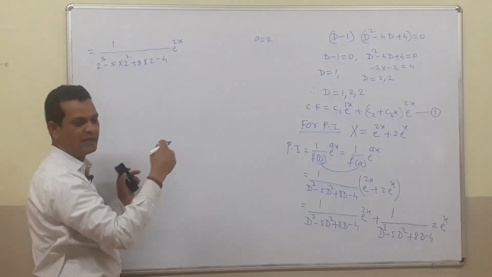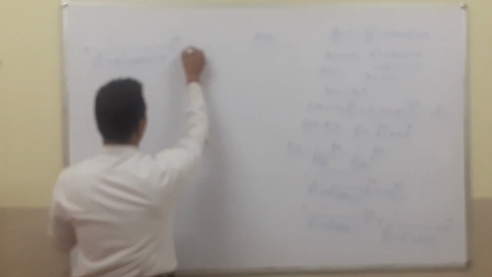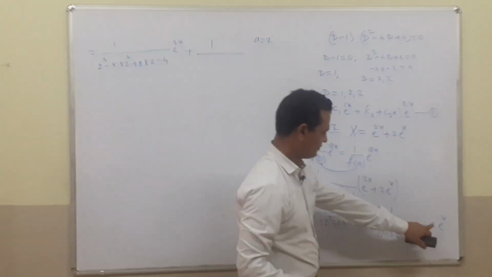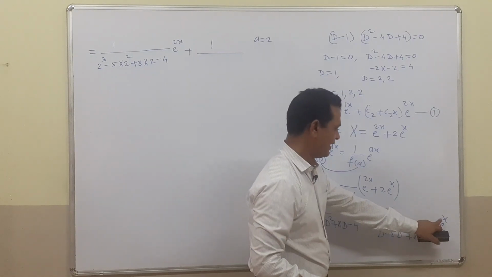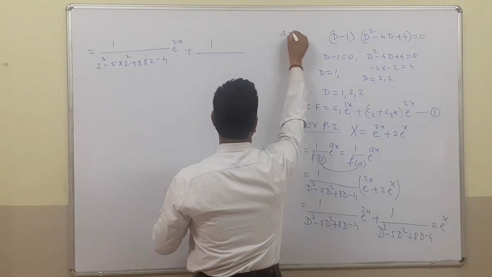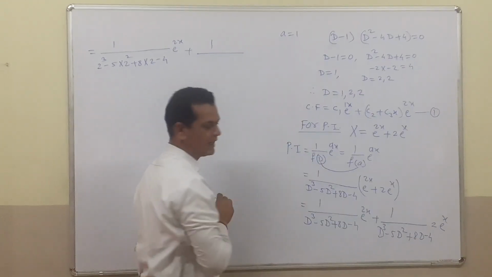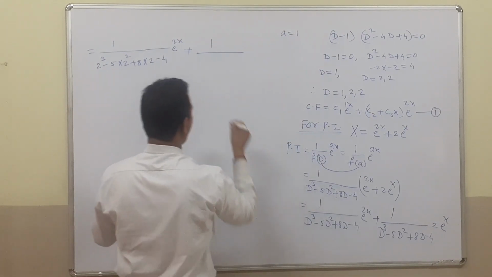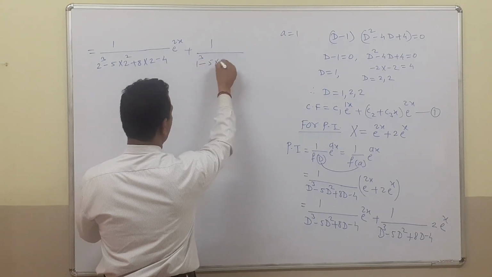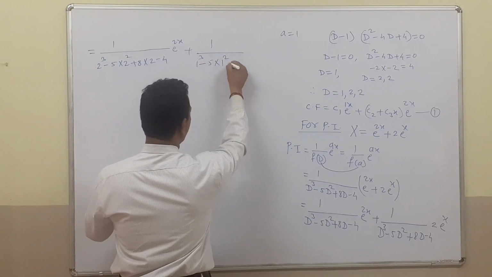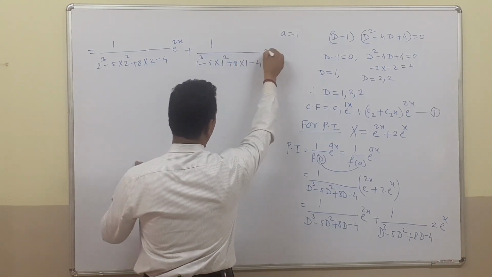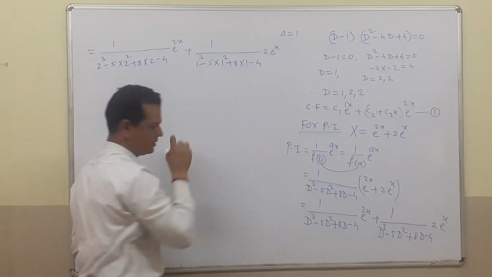Plus the next term, 1 upon: for the second term, 2 is a constant and the value of a is 1. Then replacing d by a, we get 1 cube minus 5 into 1 square plus 8 into 1 minus 4, into 2 e raised to x.